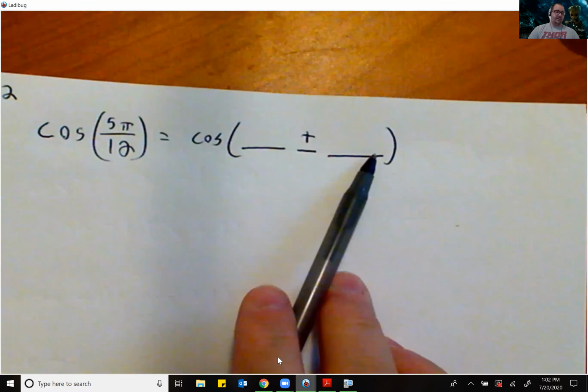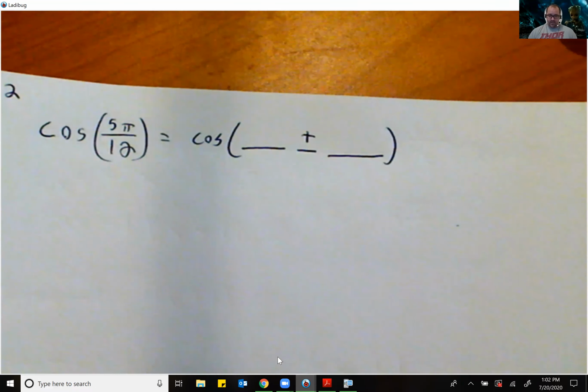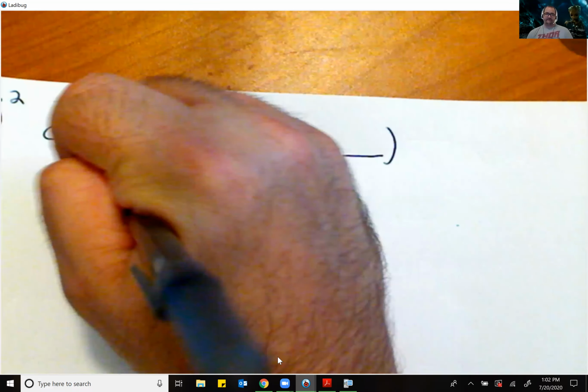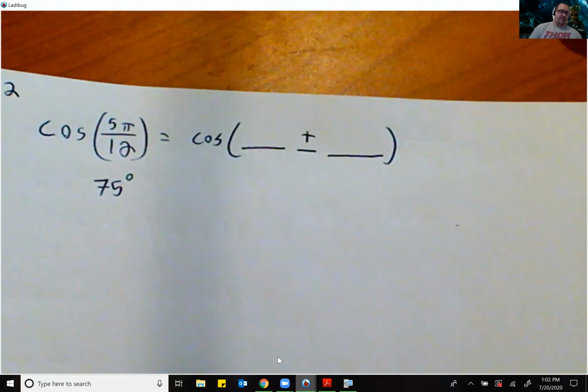Well, one thing that might help you is change the 5 pi over 12 into its angle form instead of radians. So take 5 pi over 12 times 180 over 1, and this angle is actually 75 degrees. Remember that you already know quadrant 1.